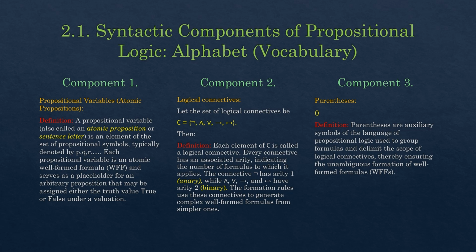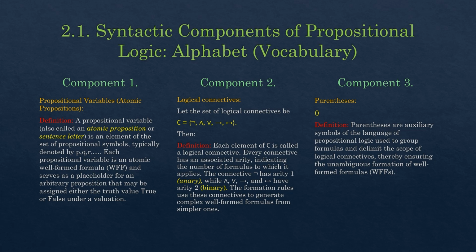Let the set of logical connectives be script C equals negation, disjunction, conjunction, conditional, and biconditional. Then our definition can be formulated in the following way. Each element of script C is called a logical connective, and every connective has an associated arity indicating the number of formulas to which it applies.